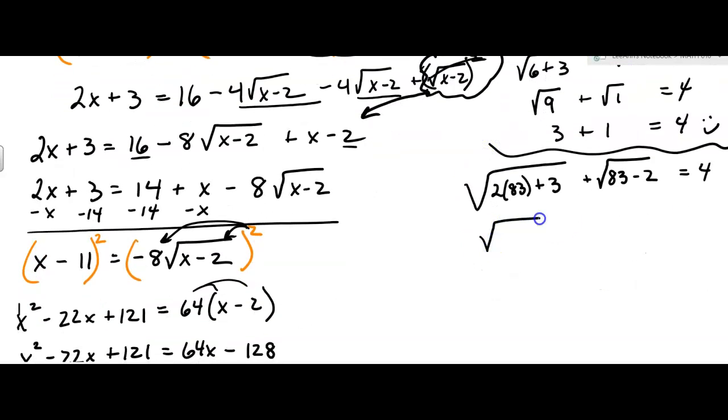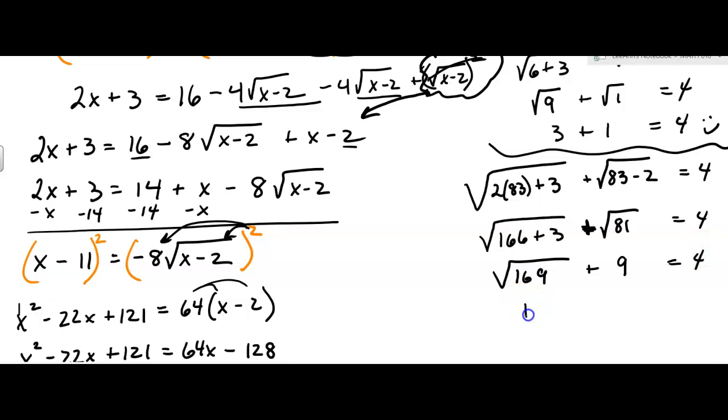What's 2 times 83? 166. Oops, that's a plus, sorry. What's 83 minus 2? Okay, this is very interesting. 169 plus the square root of 81 is 9. So I'm going to get 13 plus 9. Oh, if it had only been a minus, right?